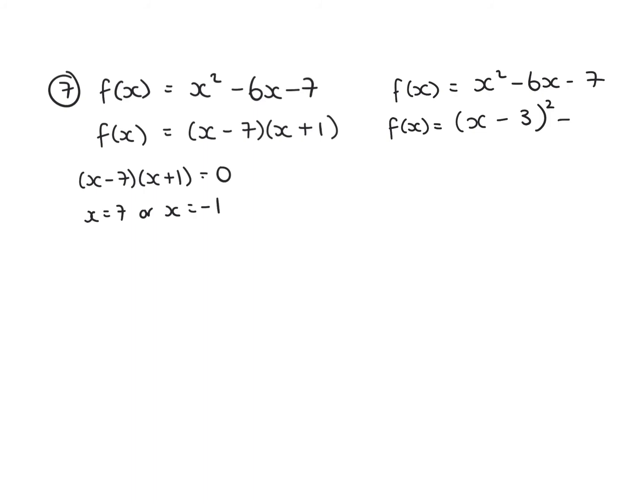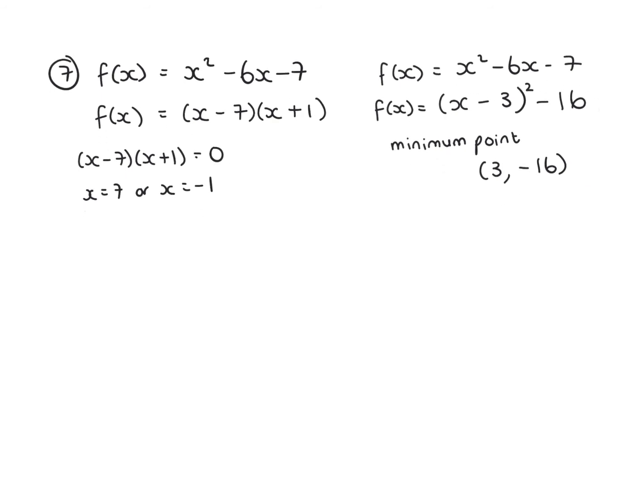I did minus 7, so I'm going to minus 16 at the end. So the minimum point is going to be when this bracket is 0, so x would be 3. And when the bracket is 0, the whole thing is minus 16. So I've got here everything I need to know about this graph.